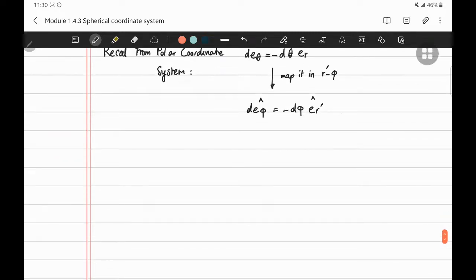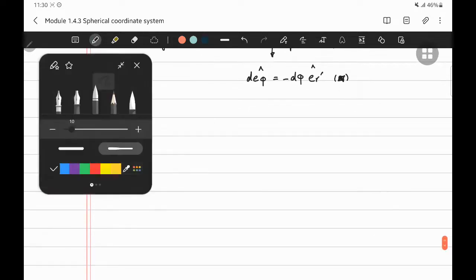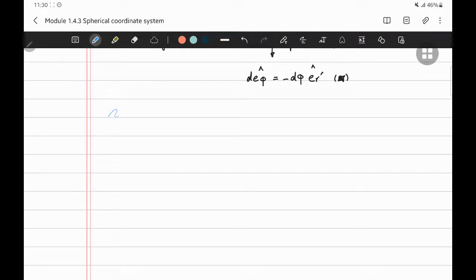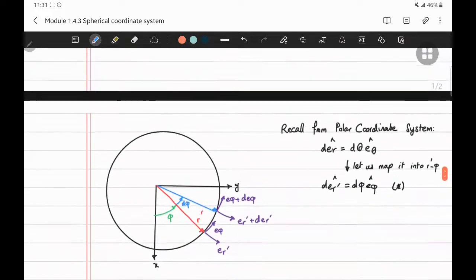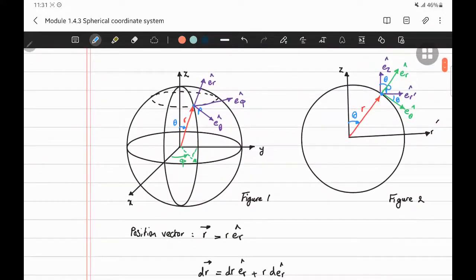I call this maybe square. And we have d e phi is equal to minus d phi and er prime here. And er prime is basically something that you can find from here.